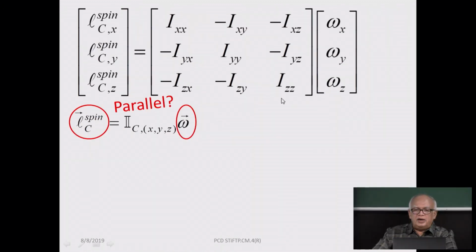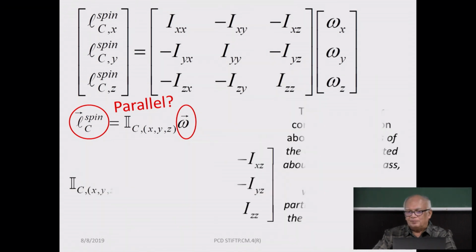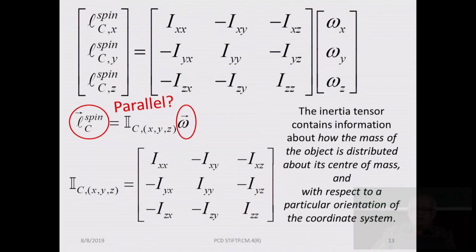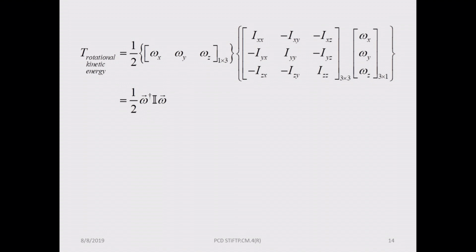Now when you look at this equation, which is a matrix equation, notice that in general the spin angular momentum and the angular velocity will not be parallel to each other. So this is an important conclusion, and all studies of rotational motion have to take this into account.